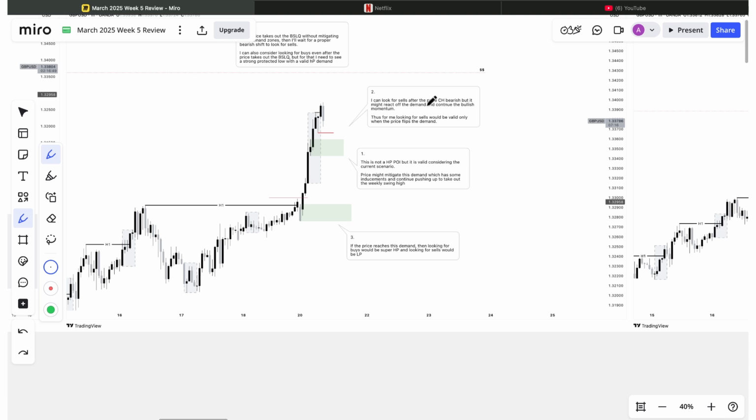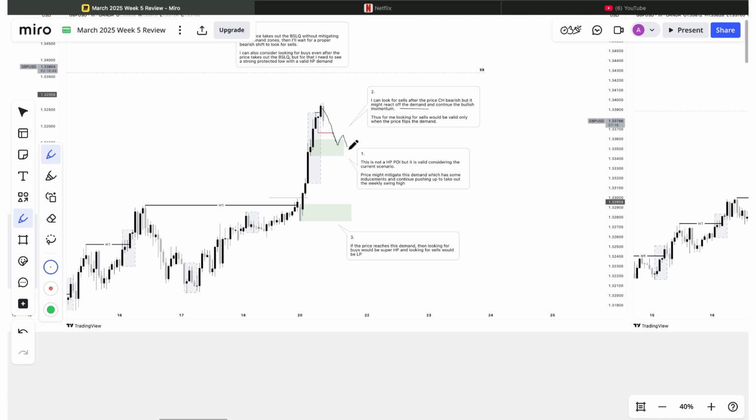I can look for sales after the price chalks bearish, but it might react off the demand and continue the bullish momentum. This is the demand that is holding the price, which has inducement right here. Thus, looking for sales would be valid only when the price flips this demand. I can also look for sales when the price chalks bearish, but this demand is holding the price.